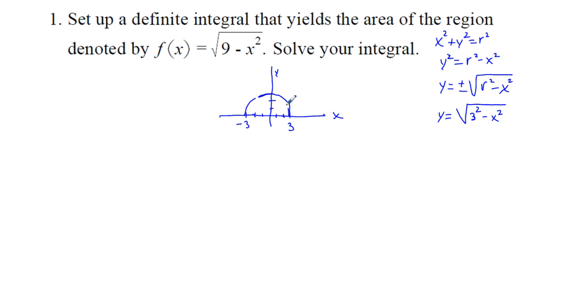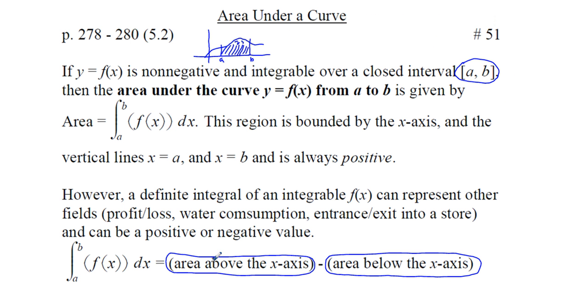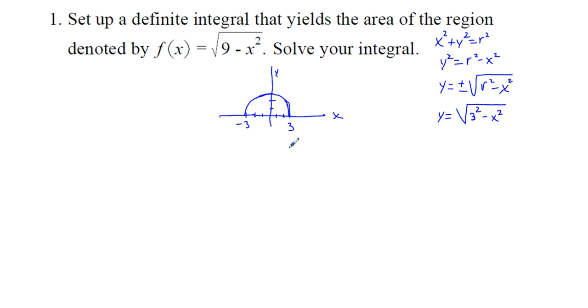Remember, the integral is the area above the x-axis minus the area below the x-axis. Here we have a non-negative area, which I'm now hashing in. The area is pi r squared, and since we have a semicircle, we divide by 2.